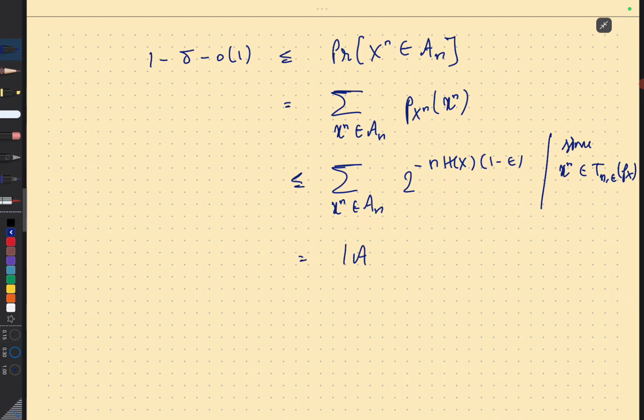So this is nothing but the size of A_n times 2 to the minus n times the entropy times (1 minus epsilon).